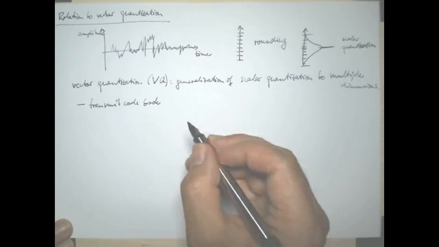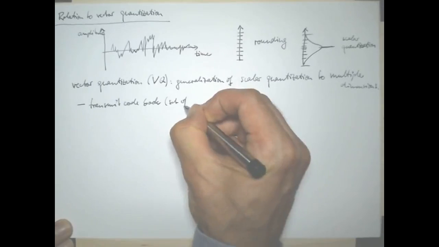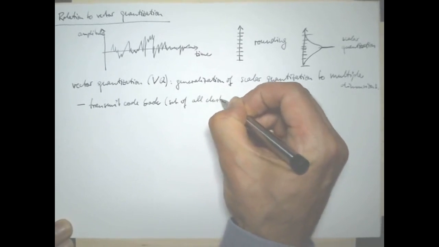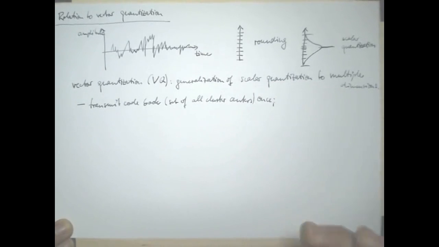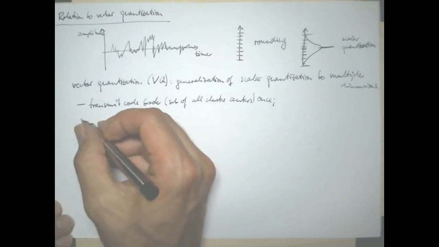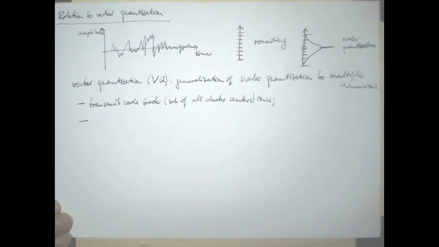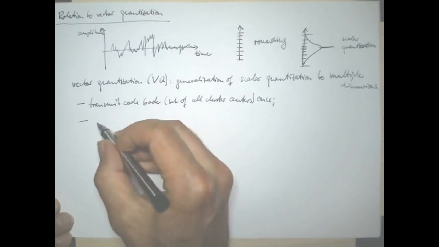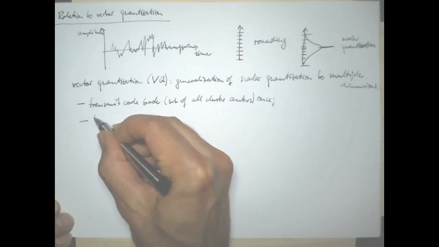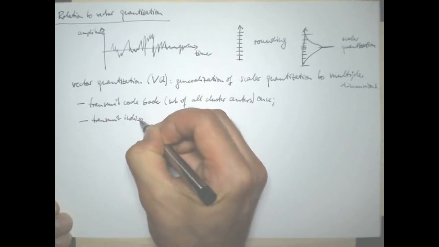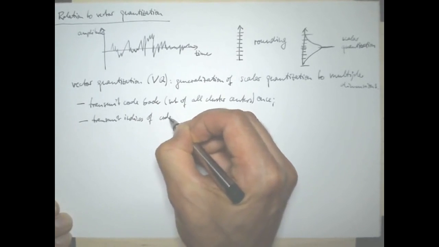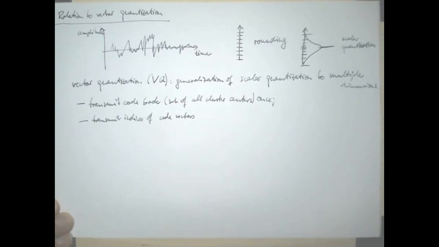So that's the set of all cluster centers once at the beginning of your transmission, and after that you simply transmit the indices of code vectors that a particular sample is assigned to.